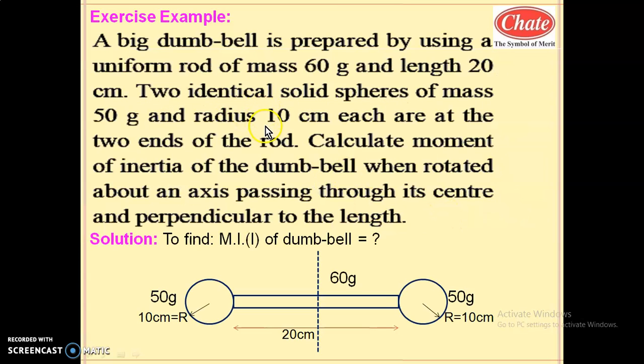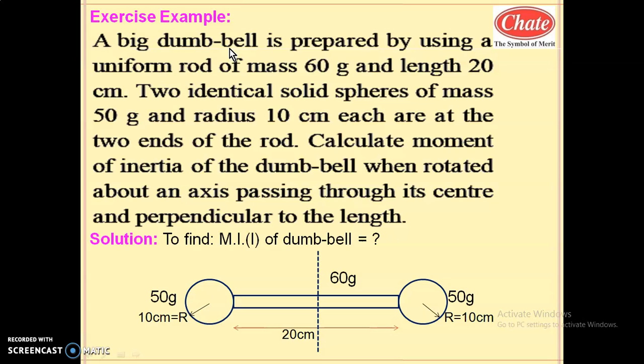Let us see here one combined object, or one object having two different bodies. Let us see the problem and calculate the moment of inertia. A big dumbbell. The dumbbell has circular portions at the ends and the middle portion seems to be like a rod.